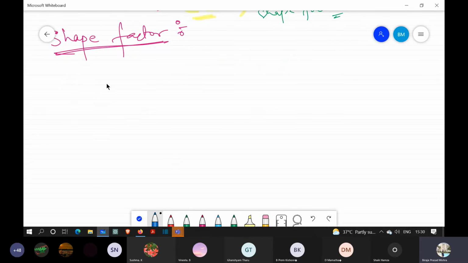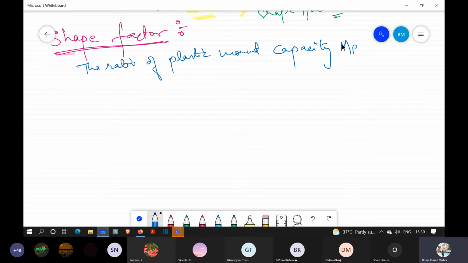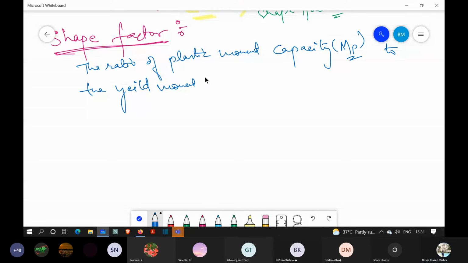So you can write that the ratio of plastic moment capacity, that is Mp we call it, to the yield moment, that is My, is called the shape factor for a section.